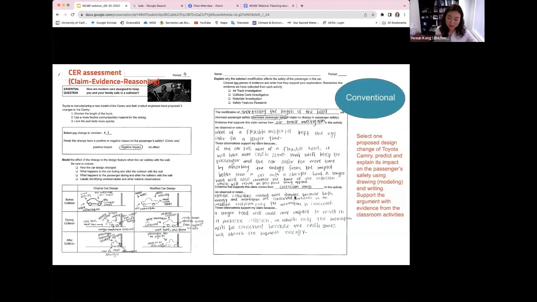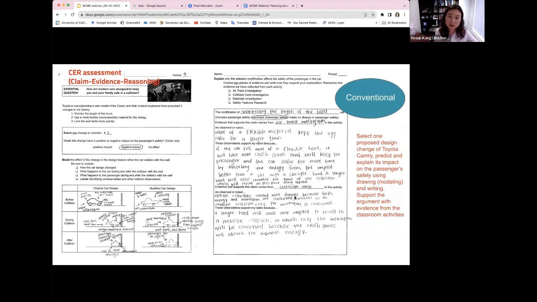For example, in a physics context, while teachers were designing their curriculum and assessment in the context of momentum, we co-designed both what we call the conventional assessment, which integrates all this claim-evidence-reasoning format and scientific modeling.